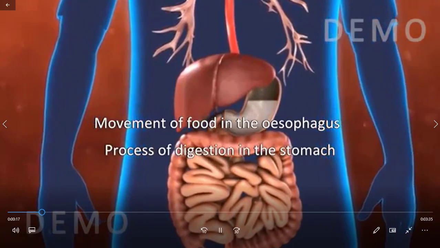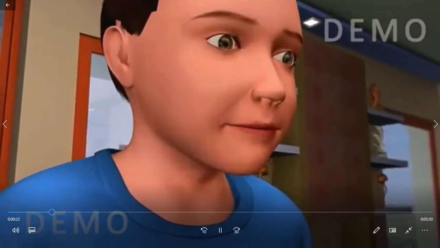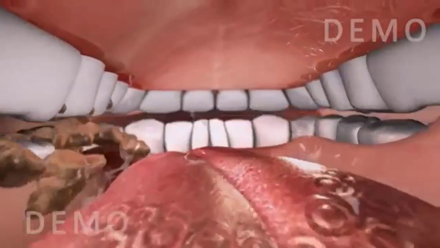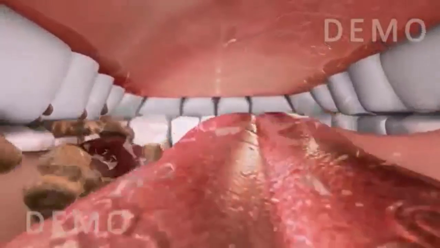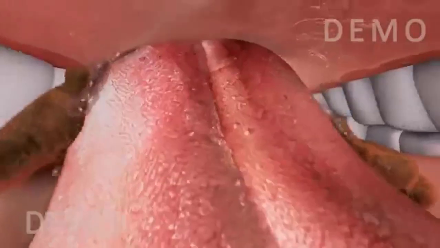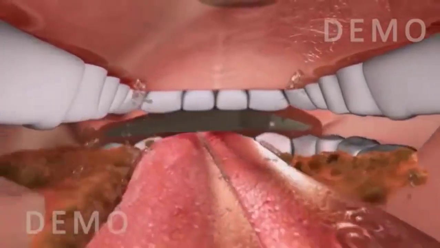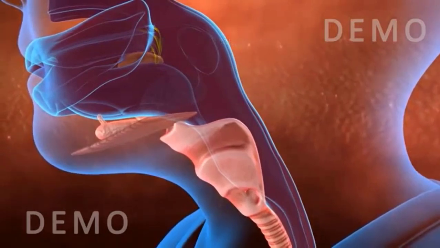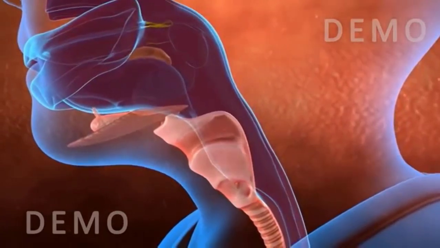Digestion in the stomach. The process of digestion begins inside the mouth. The teeth break down the food into smaller particles. It then gets mixed with the saliva in the mouth to form a slurry mass called bolus. As the food is swallowed, the soft palate blocks the upper throat called the pharynx, which prevents the entry of food into the nasal cavity.